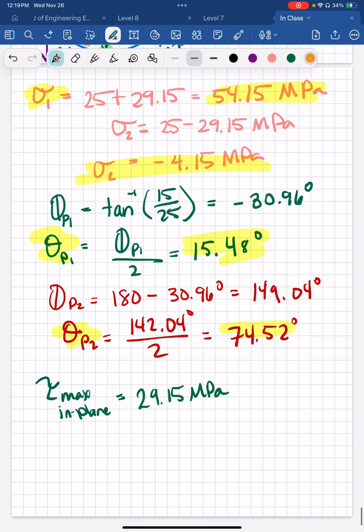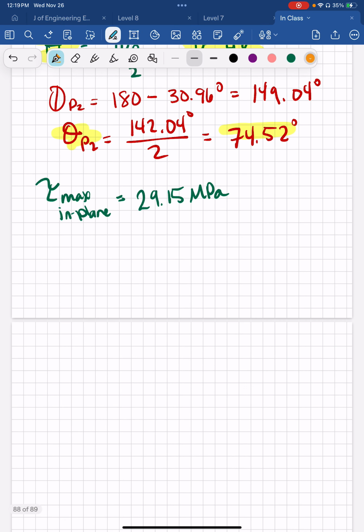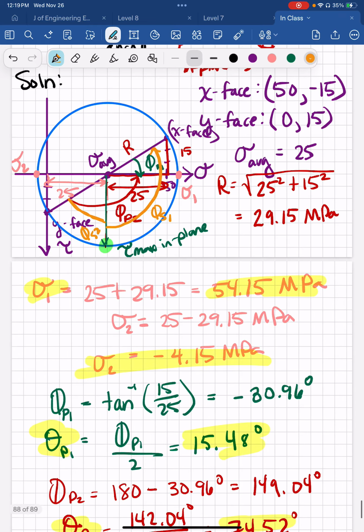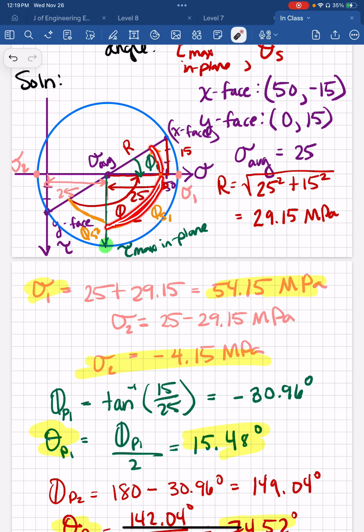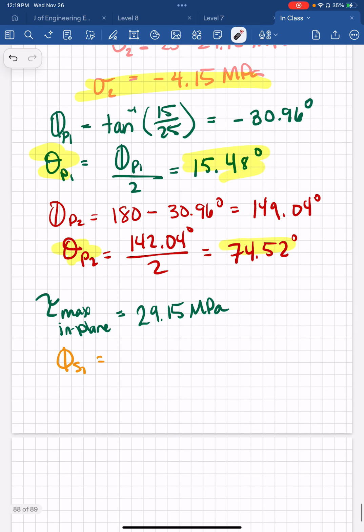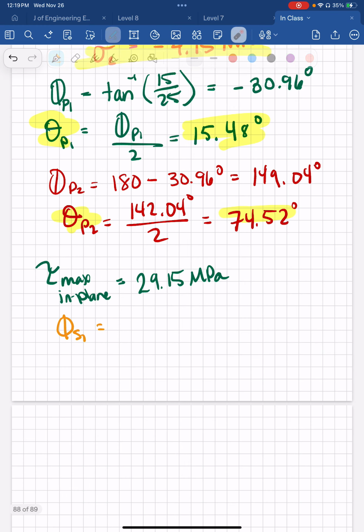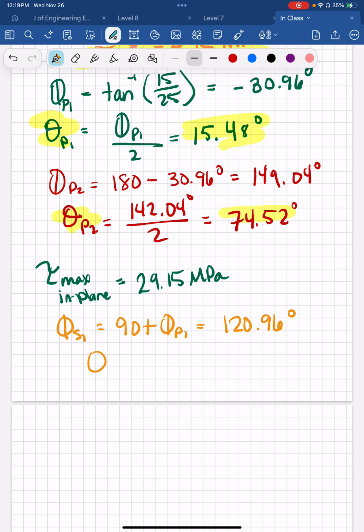So phi S1 is basically just 90 degrees plus that here. This is 90 degrees here, and then plus this angle, phi P1. So it's 90 plus phi P1, which equals 120.96 degrees. And then we'll take that into the real world, so that's just divided by 2: 60.48.